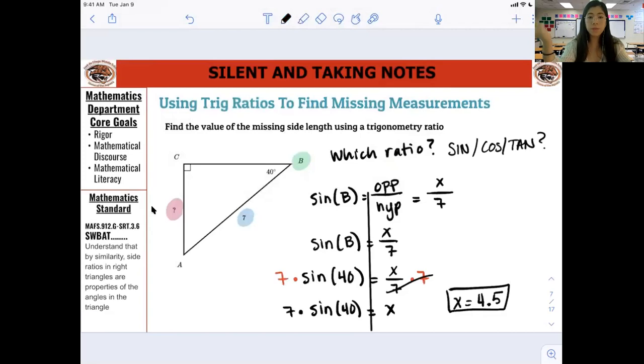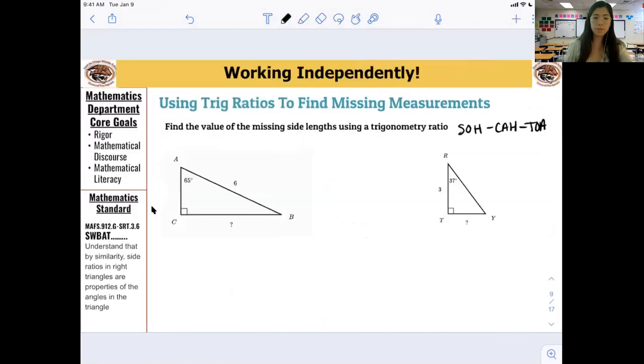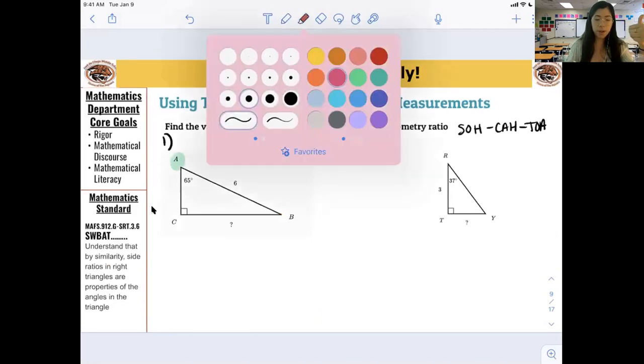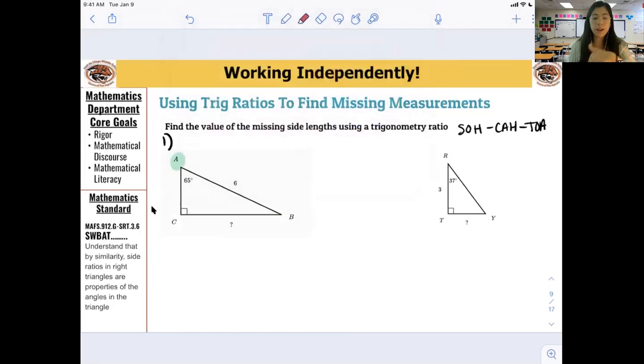Well, you have to use the ratio that makes the most sense. So let me go to one of these problems. In this one, number 1, you have 65 degrees, that's your angle. Then, what do you have from this angle? Do you have the opposite side or the adjacent side?